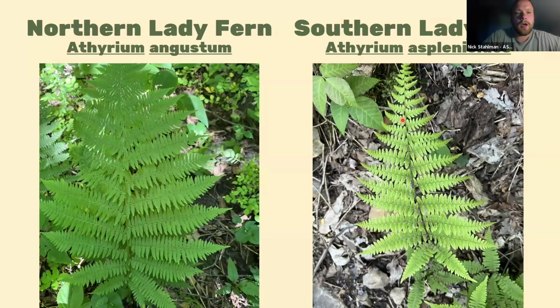And once you think you've got a lady fern, you can then try to figure out if you've got the northern or southern. Northern is much more common in Pennsylvania. Southern does still occur pretty much throughout the entire state. It's just a little less common.